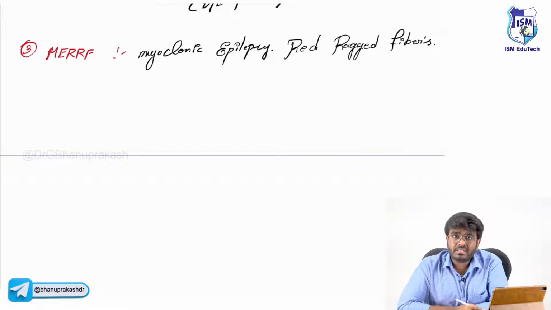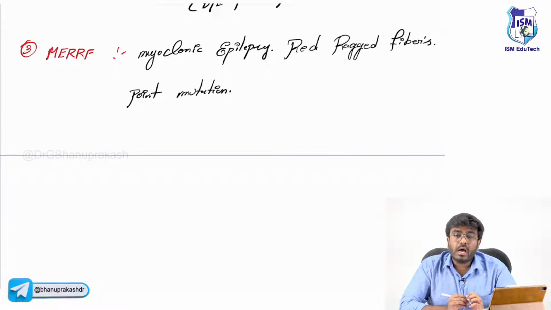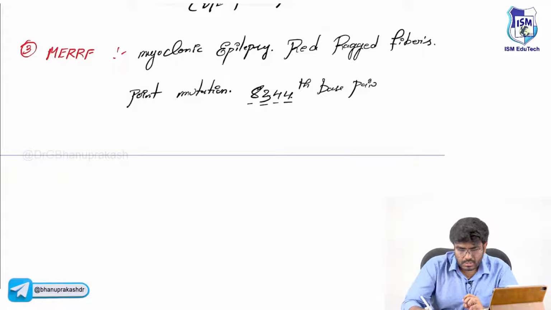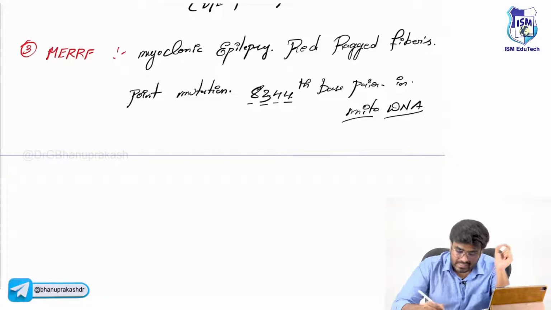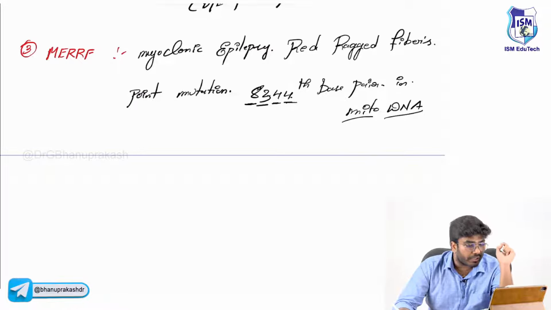In MERRF, the patient has a point mutation at the 8344th base pair in the mitochondrial DNA.